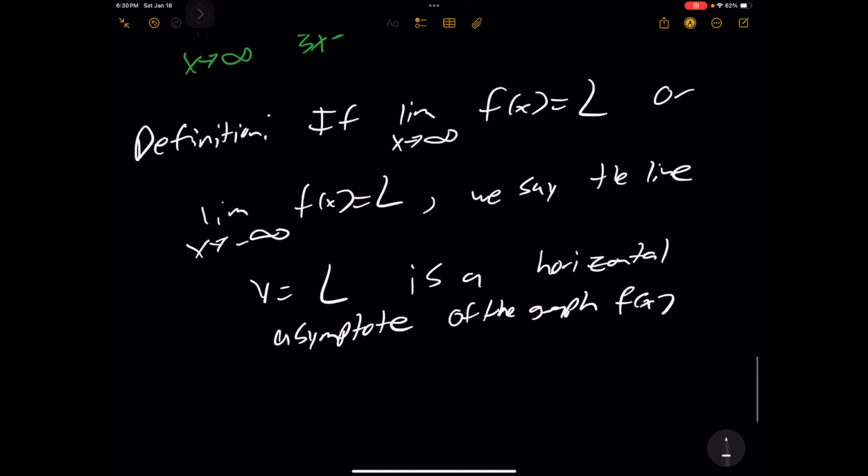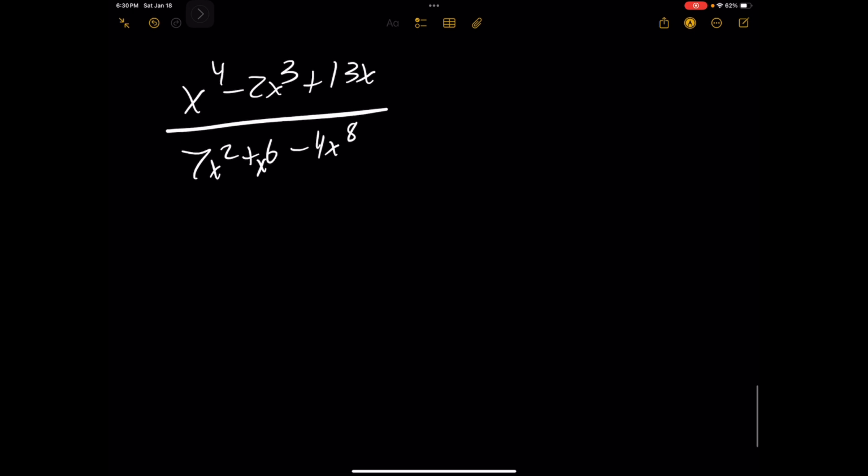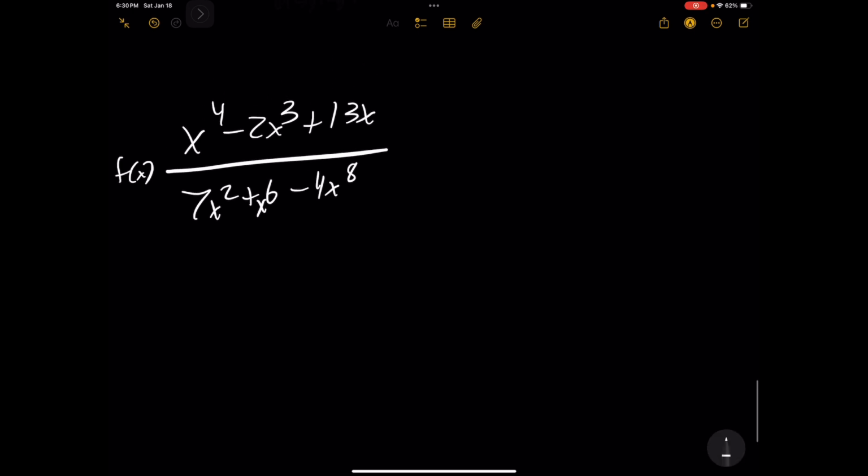Okay, let's look at a few more examples like this. Let's look at x to the 4th minus 2x cubed plus 13x over 7x squared plus x to the 6th minus 4x to the 8th, and we'll call that f of x.